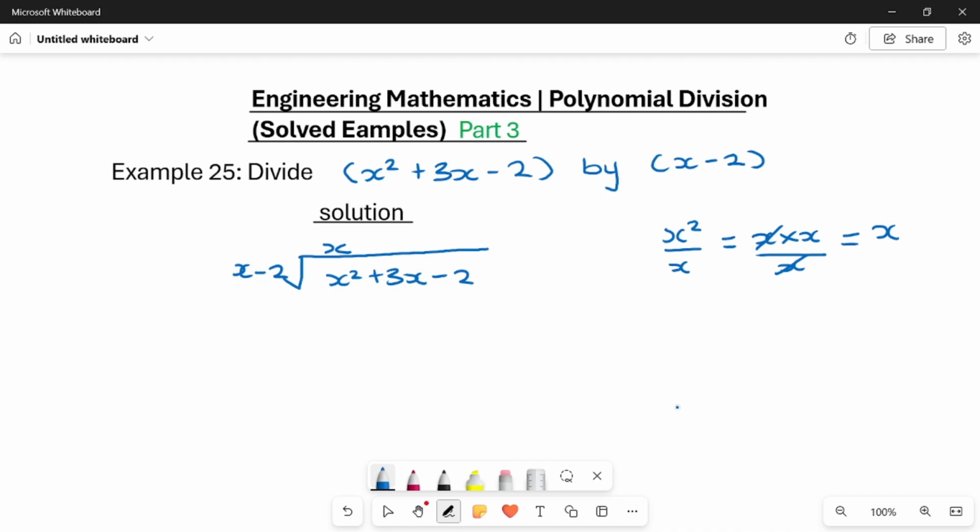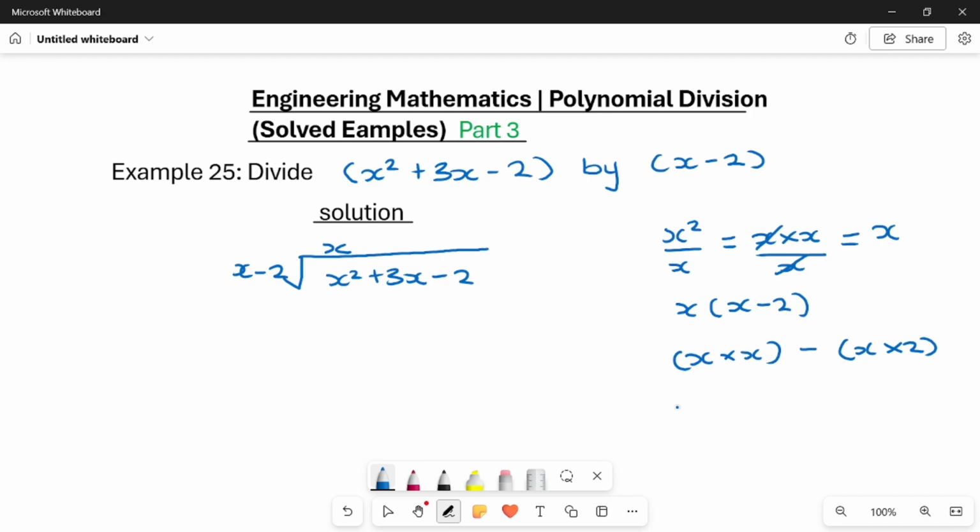After that, you write your answer here. So let's do that. We have x into x minus 2. So this x is multiplying everything to give us x times x minus x times 2.